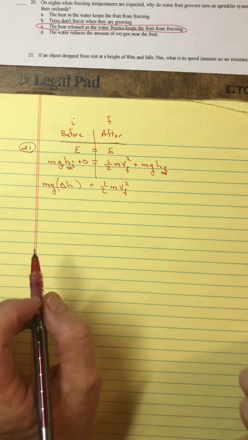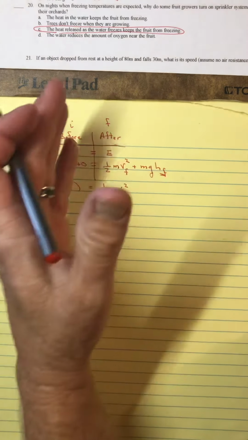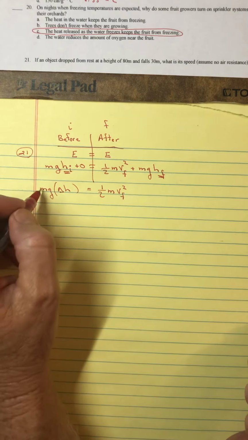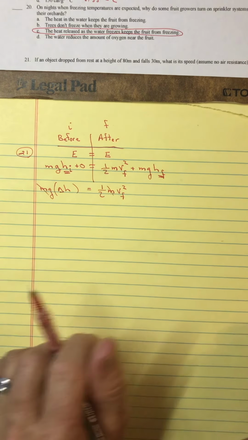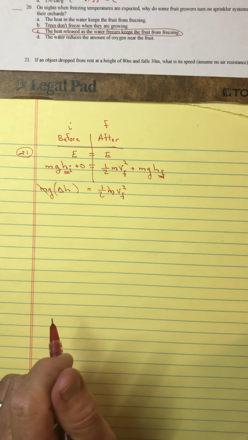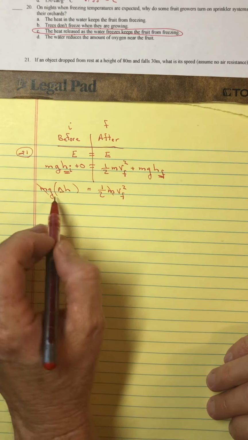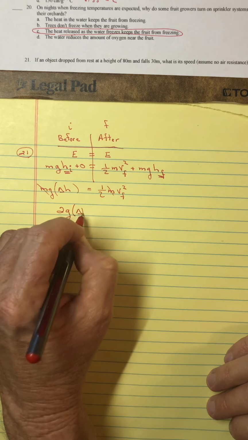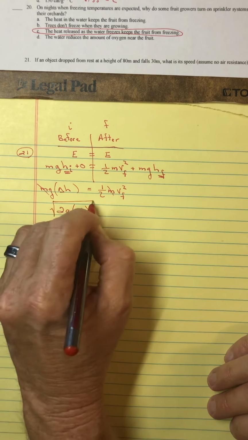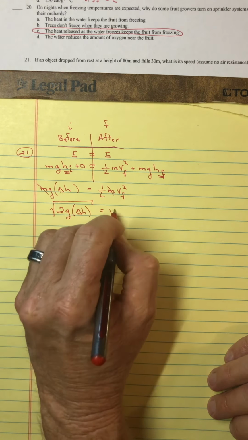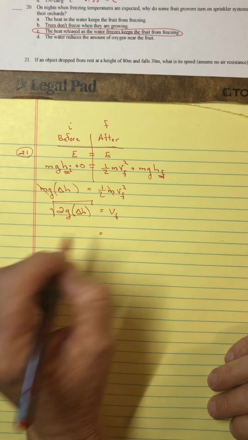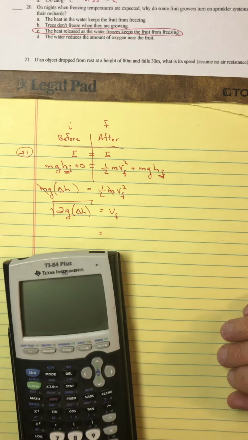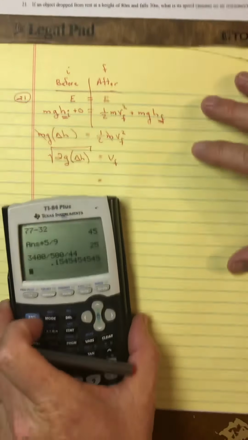Now, maybe one of the things that was bothering you is it doesn't say anywhere in this problem what the mass of the object is, and then luckily, I see that it's on both sides of the equation. So when I move this 2 to the other side, I get 2g times the change in height, and the square root would give me the final speed. So if I grab my calculator here and go 2 times, and I'll take either one.